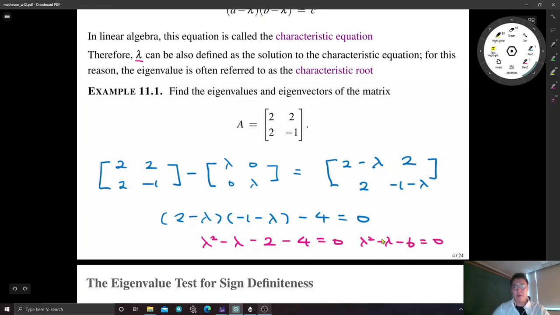From that, I obtain two distinct solutions, so two distinct eigenvalues, either 3 or negative 2. Okay, so that is the way of finding eigenvalues from the given matrix. So this part is doable, I guess.